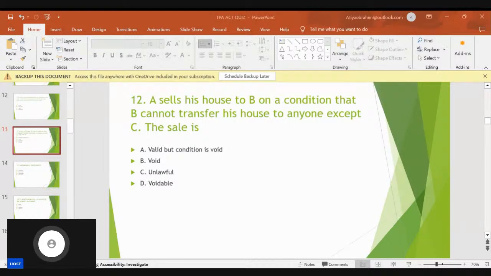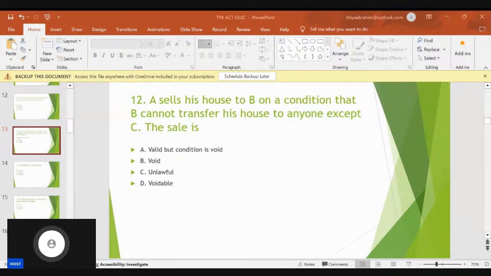In which section do we find that the sale is valid, but the condition is void? So if you see section 10, right?